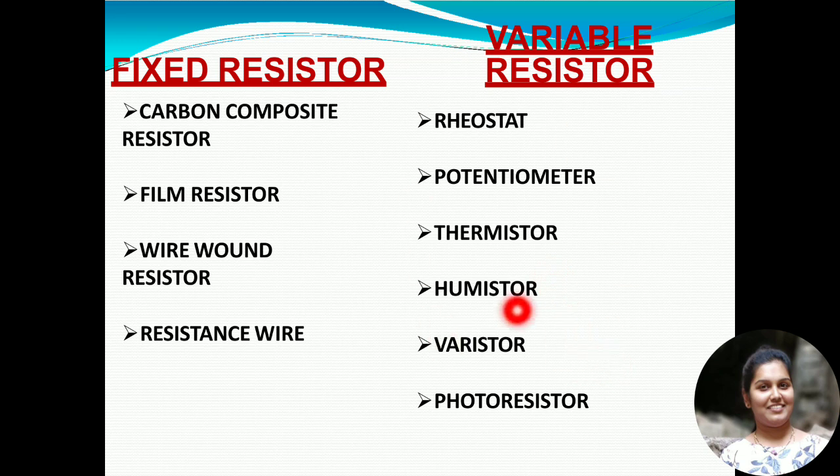All these resistors have the same functionality. What a resistor does is oppose the flow of current. Resistance is opposition to the flow of current, and it is denoted by the letter R and indicated by a zigzag line if it is a fixed resistor, and a zigzag line with an arrow indicates a variable resistor.